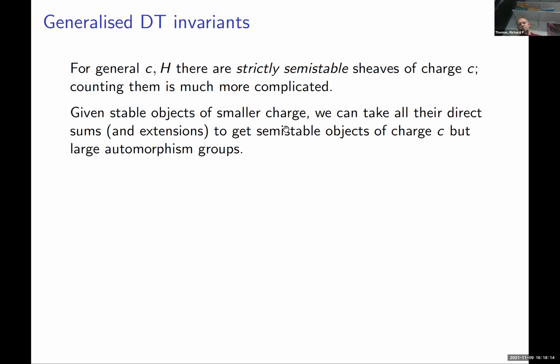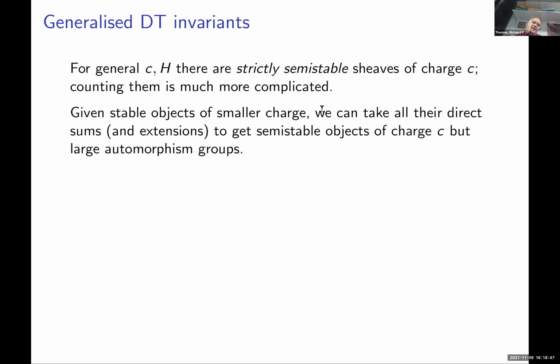And you can think of this procedure as being related to some kind of exponential. So if you take n copies of E, then there's a symmetric group on n letters acting. So that has size n factorial. So you might want to count that with a 1 over n factorial. Or more generally, if you take n copies of E, and all the E's are stable, you get a GL_n(C) automorphism group, and the Weyl group is of size n factorial.